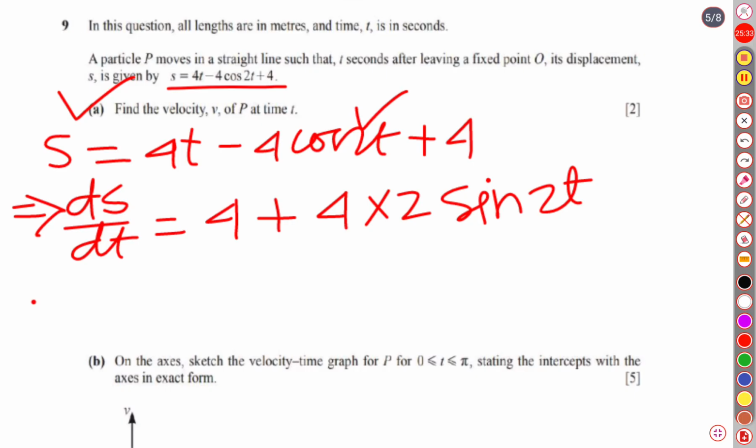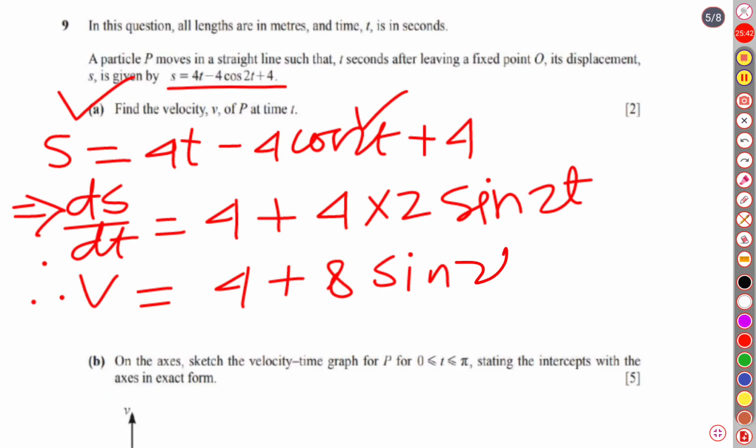So the derivative of displacement is actually velocity. v is equal to 4 plus 8 sine 2t. That is the answer we are to write.